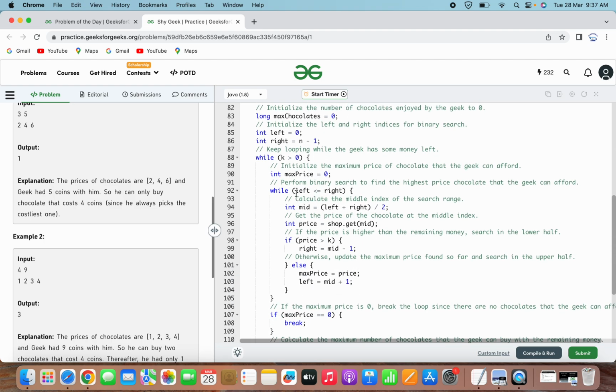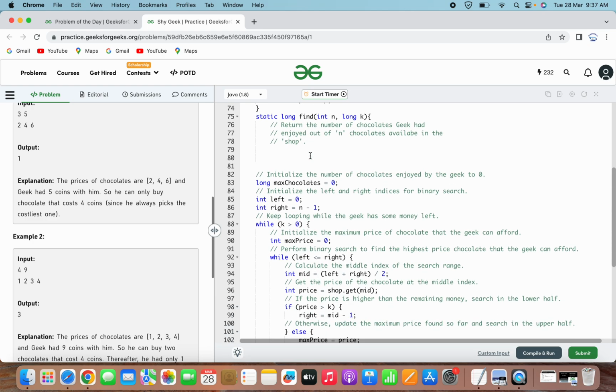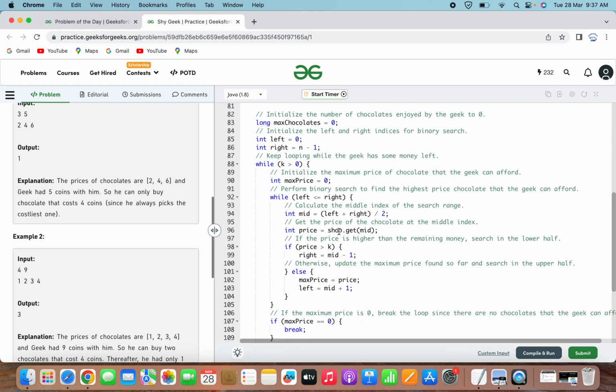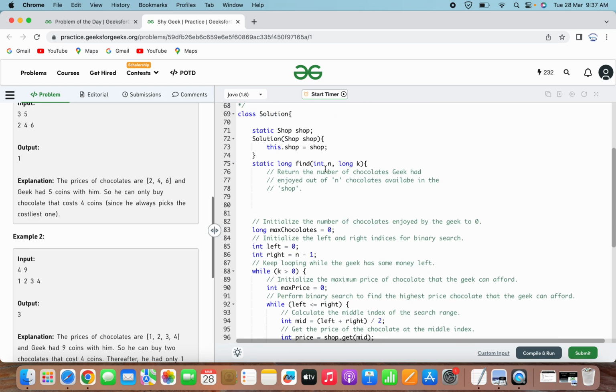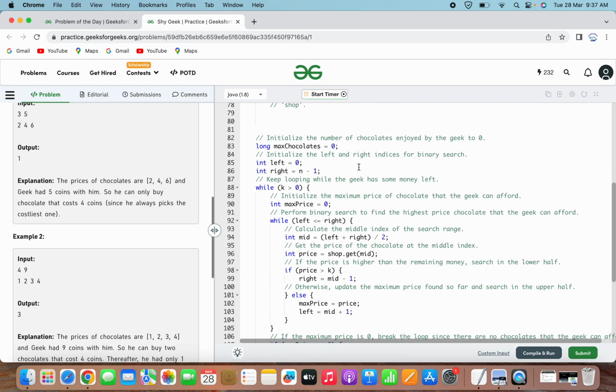So first we are doing the binary search here. First we are trying to get the mid, then from the shop, that is the variable which has been given in this problem statement. When we do shop.get of mid, we will get the price of that. Because if you see in this question, only n and k come as input, so the price array is stored somewhere.